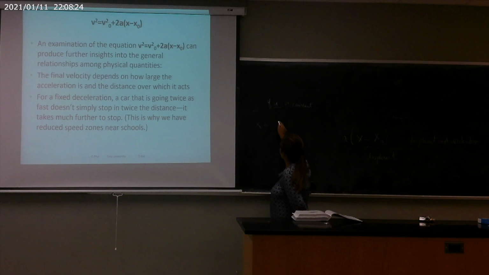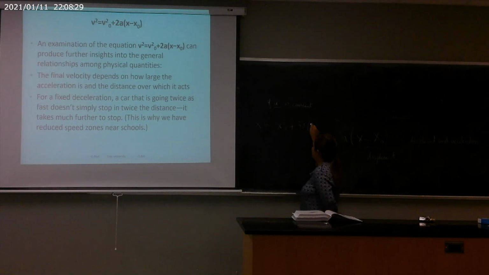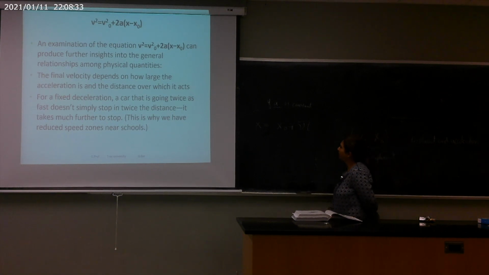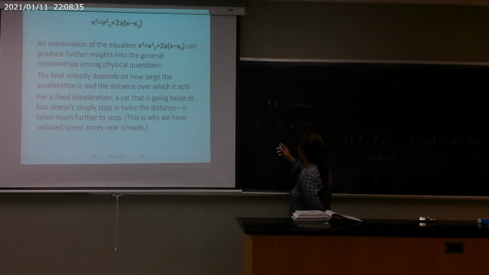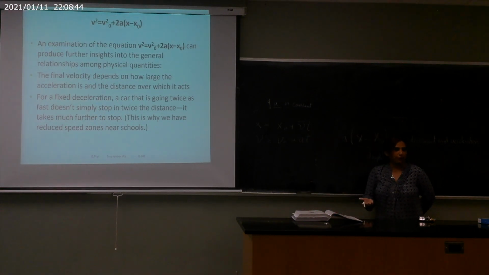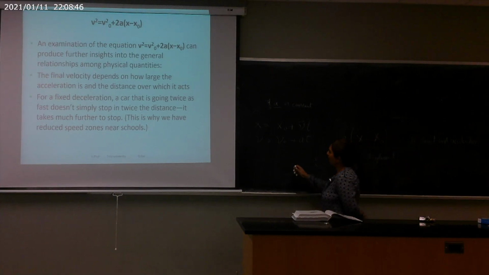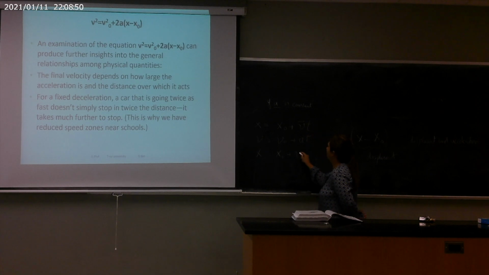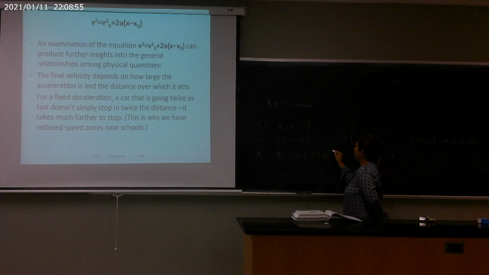X is equal to x naught plus v t. v is equal to v naught plus a t, where you can put a average there or just leave a. X is equal to x naught plus v naught t plus half at square.